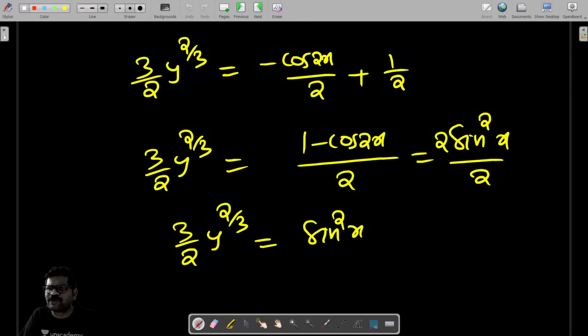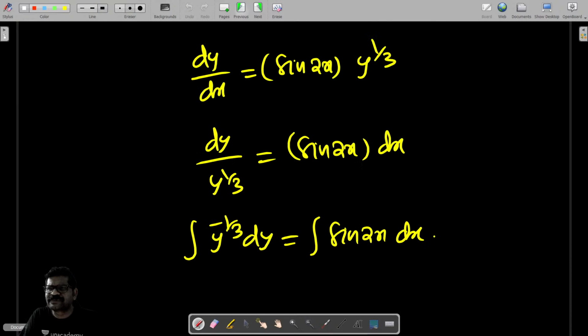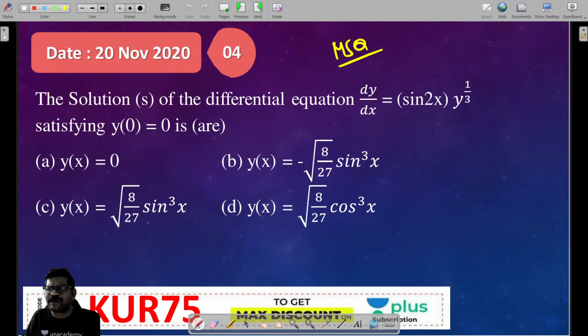So when you come to the options, y is equal to minus square root of 8 by 27 sine cube x, plus square root of 8 by 27 sine cube x, as well as when sine x is 0, y of x is 0.